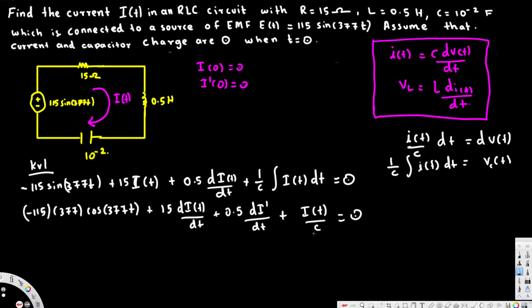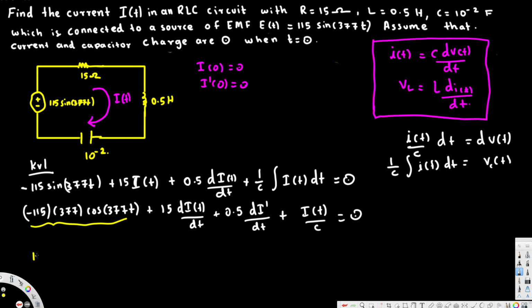This is equal to 0. And the next thing is, we are going to keep the i terms on one side and bring the others to the other side. Here this whole term is not dependent on i(t), right? So we can move this one to the other side of the equation, and also write this in decreasing order. So instead of di', I double prime, right?